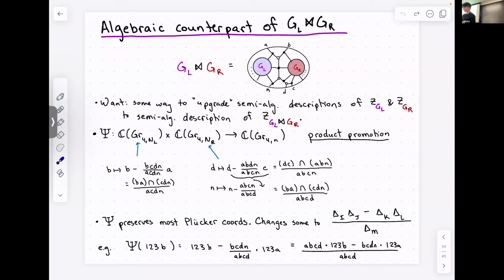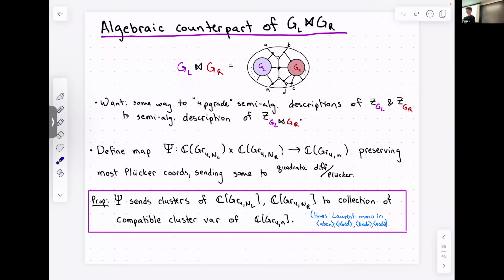And the first thing you can do, if you just look at this map, is show that it's very well behaved with respect to the cluster structures on these Grassmannians. This map is what's called a quasi-cluster homomorphism. What that means is if you hand me a cluster for the left Grassmannian and for the right Grassmannian, psi will send it to a collection of compatible cluster variables for the big Grassmannian.